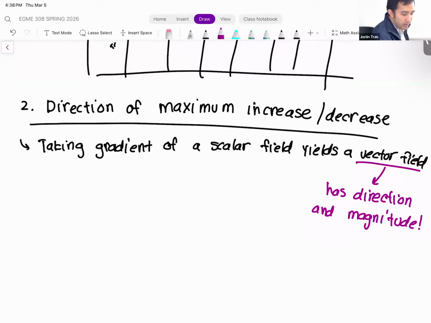At any given point, the gradient of our function points us in the direction of maximum increase or maximum decrease.